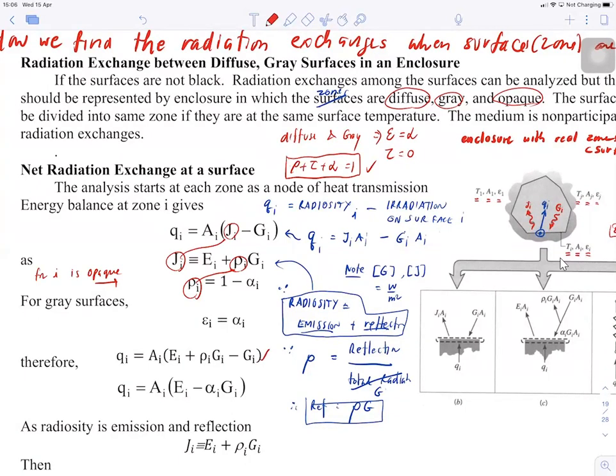Once you rearrange this equation again, and you know that 1 minus rho equal to alpha, you're going to get something like this. So this is the final result of your analysis from energy balance on surface I.